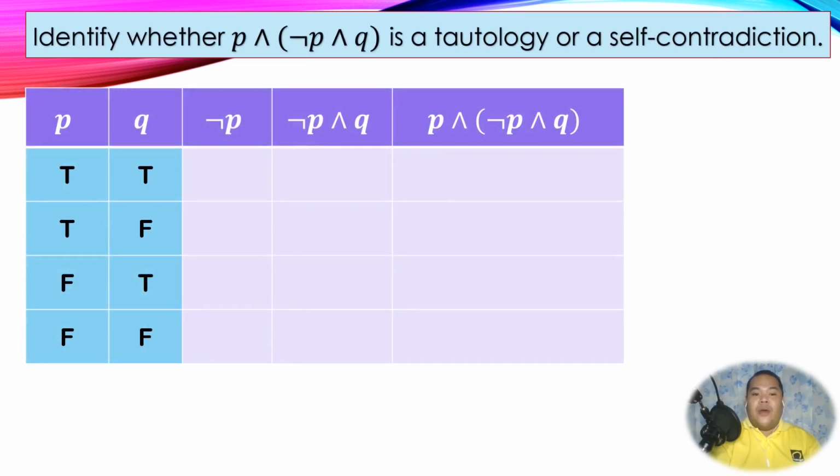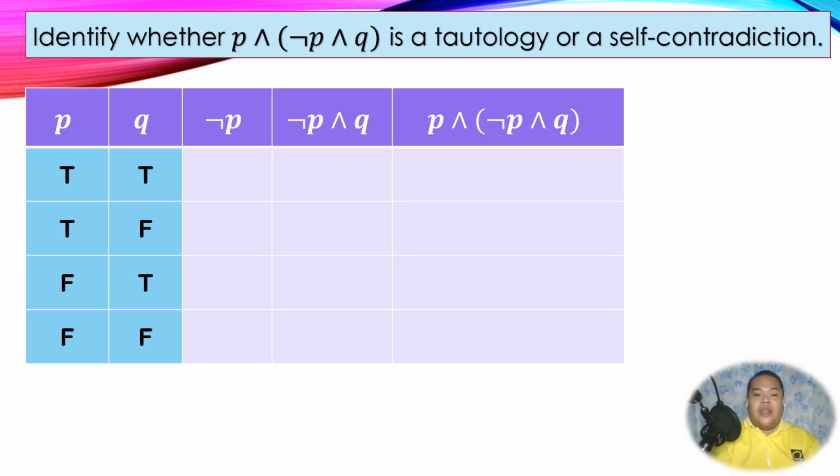Identify whether P and the quantity, not P and not Q, is a tautology or a self-contradiction. We then start with not P. Not P is just flipping true to false and false to true.